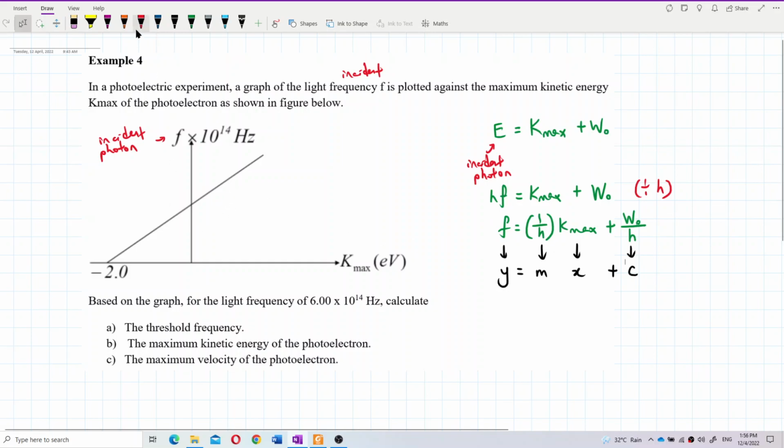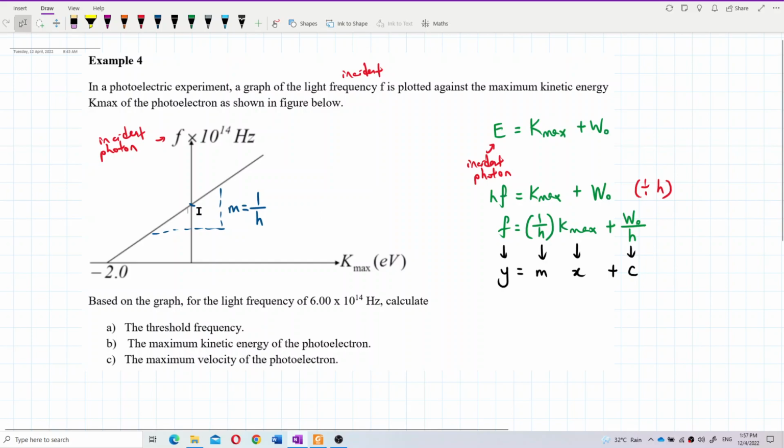And W naught over h is the y-intercept for this graph.